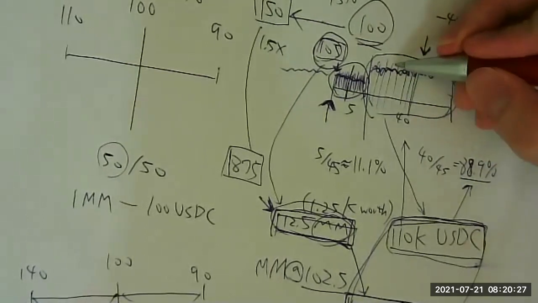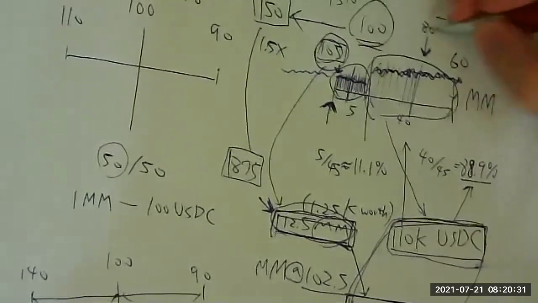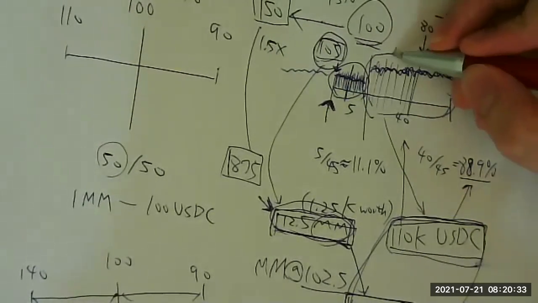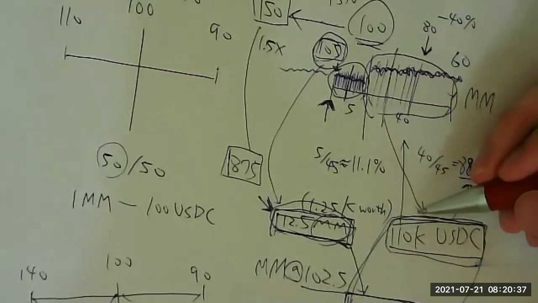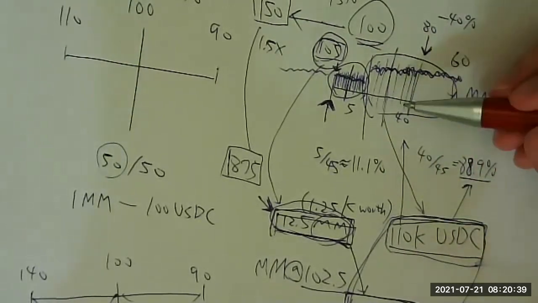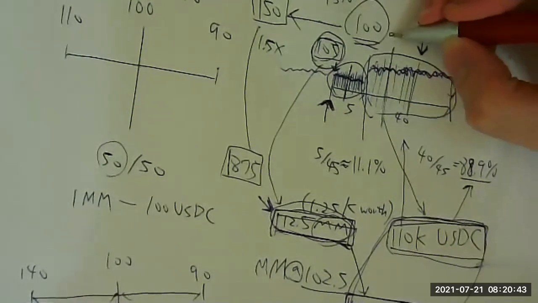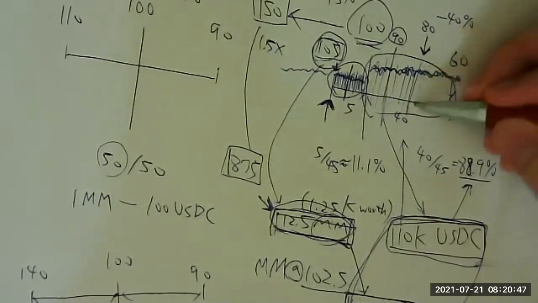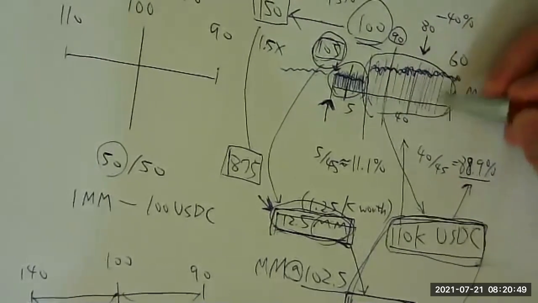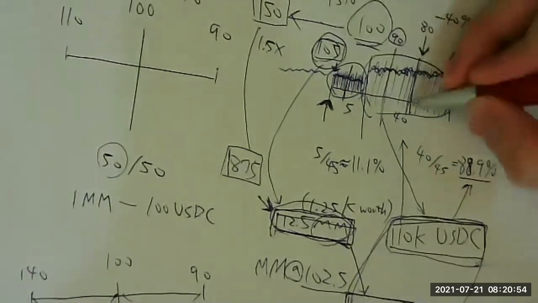Then I'll be buying my MM at an average of, so if I pull out at 80, for example, I'll be buying roughly 5,000 USD worth of MM with an average price of 90. Or if I just keep letting it run until it goes outside, then I will be buying at the midpoint of 160.